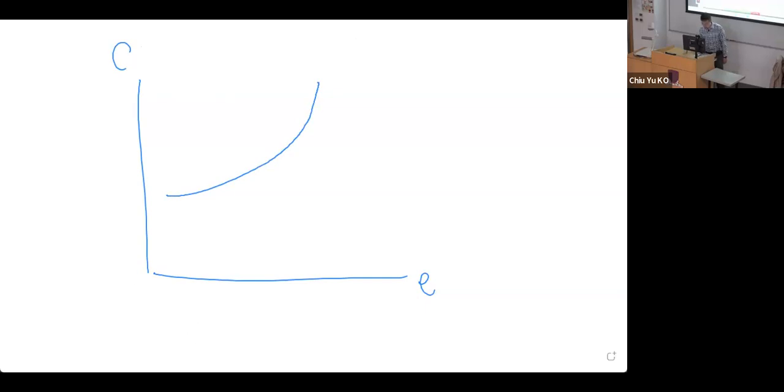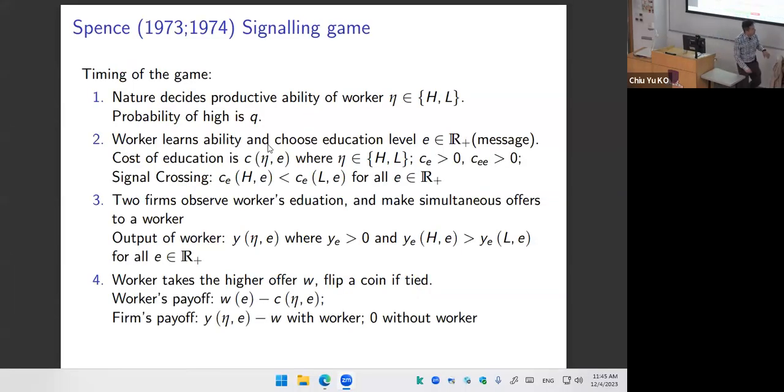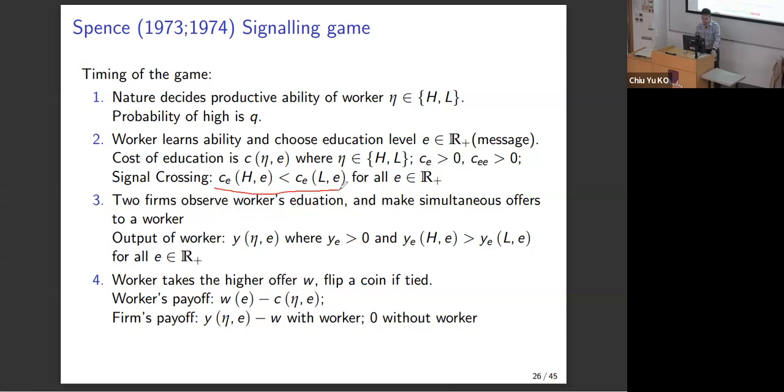I'll do the single crossing later, sorry. But I just mean that the lower type has higher cost. The high type is always better for the same education: you have more incentive to get education because it is less costly.